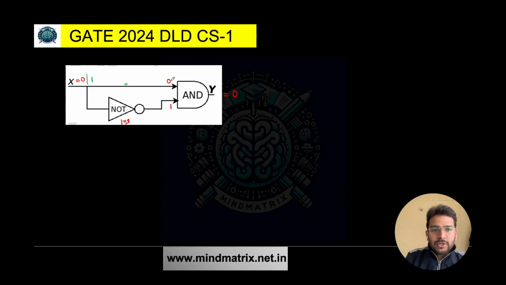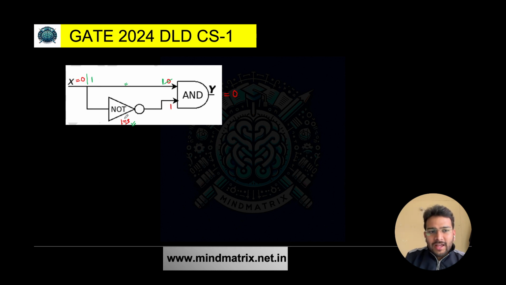So directly it is going to replace the value by 1. But this NOT gate is having propagation delay of, let's say, 1 nanosecond. You can consider any value, but there is some delay, right? So it will take 1 nanosecond more to reflect the value 0 here.